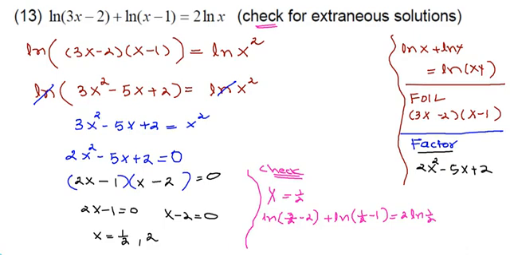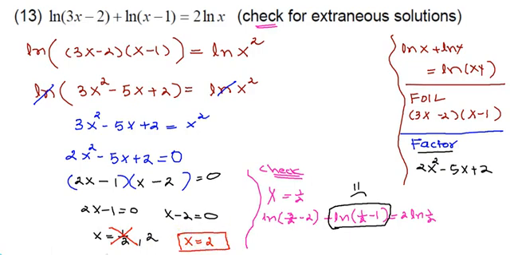And if I check this term here, 1/2 minus 1 is negative half. Log of a negative number is not defined. I call them party pooper. So which means this is my extraneous solution. There is only one answer: x is equal to 2.